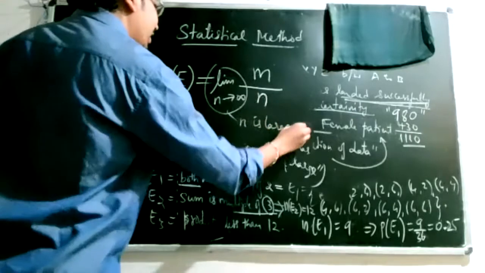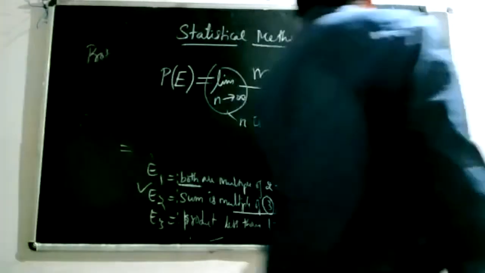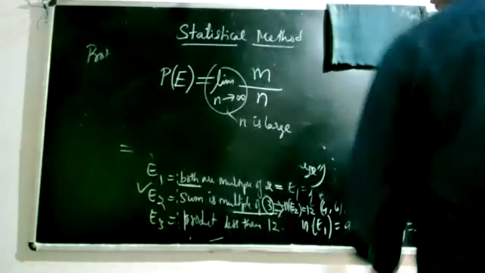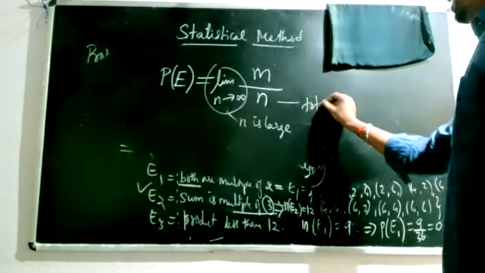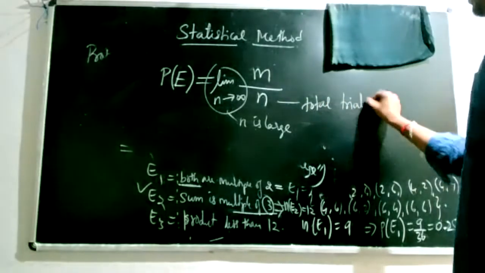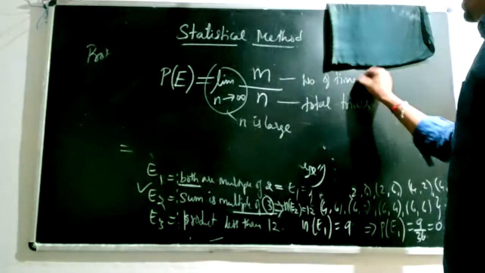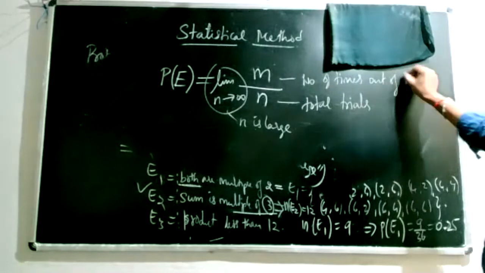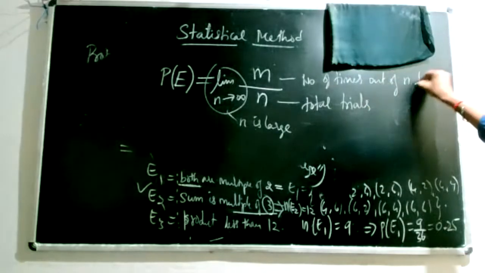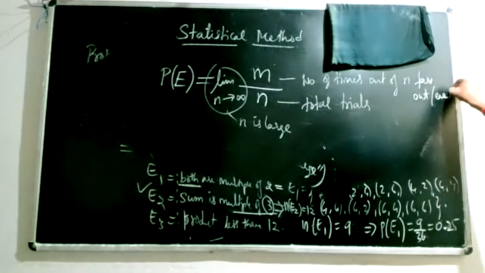What is n here? N is the total trials of the experiment, and m is the number of times out of n your favorable outcome or favorable event has happened.